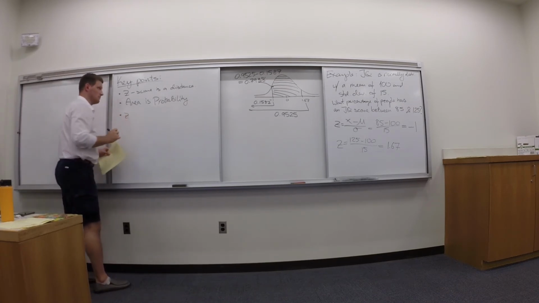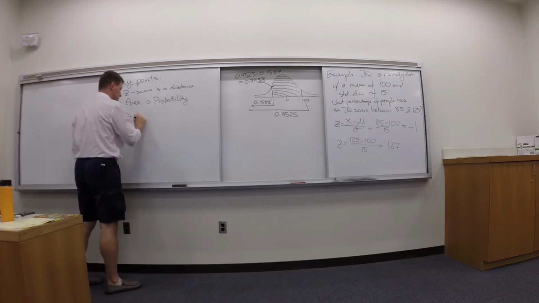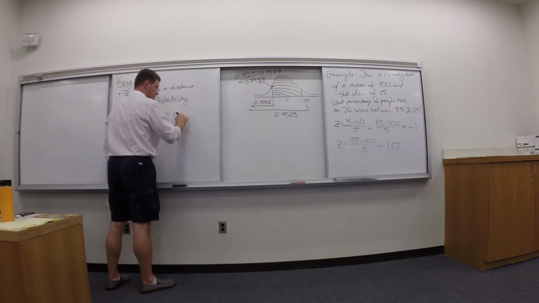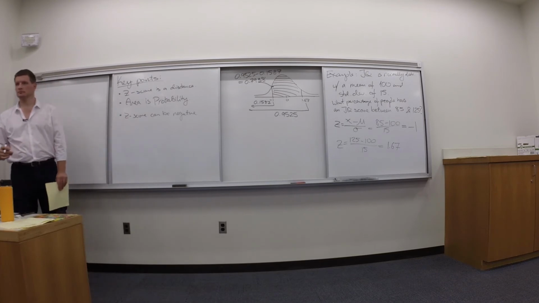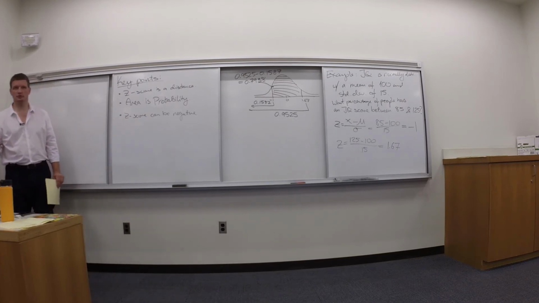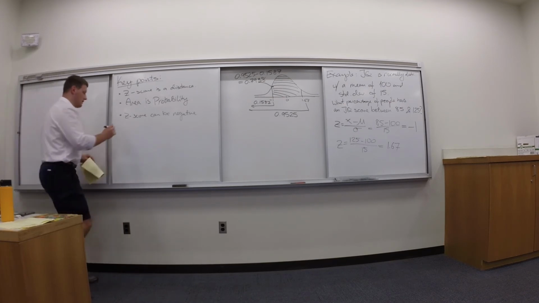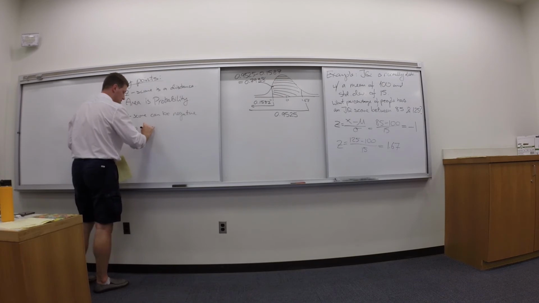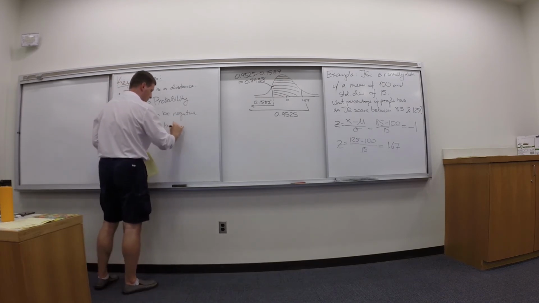Three, and this is a note that I noticed on the homework, z-scores can be negative. So we can have a z-score of -2, right? But area cannot be negative.